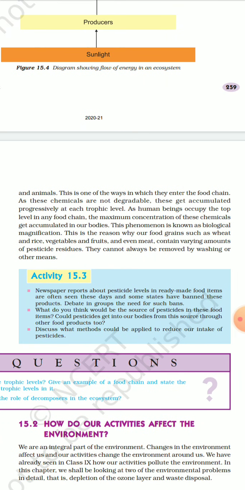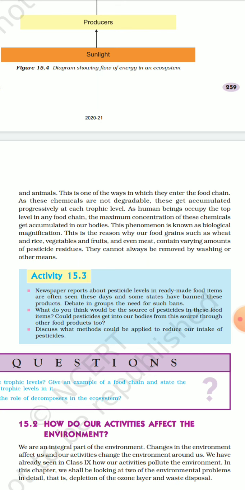All these chemicals are non-degradable. These get accumulated progressively at each trophic level. As human beings occupy the top level in any food chain, the maximum concentration of these chemicals gets accumulated in our bodies. This phenomenon is known as biological magnification. So, as human beings are at the top of the food chain, the maximum concentration of these chemicals reaches us, through the plants, through the primary consumers, then the secondary consumer, and then the tertiary consumer.